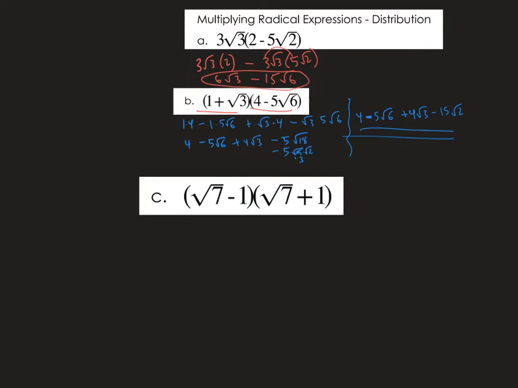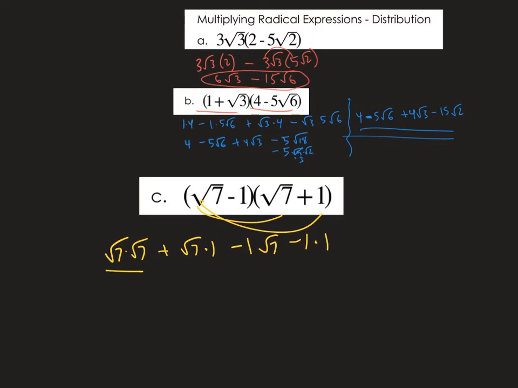Again, this is just a binomial times a binomial. So we're going to distribute our rad 7 times rad 7. And then our rad 7 times a positive 1. And then minus 1 times rad 7. And a minus 1 times 1. Okay.